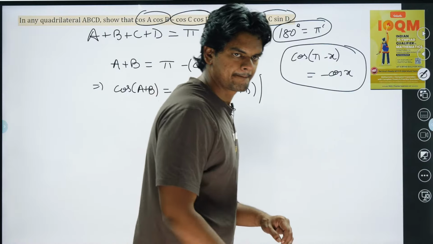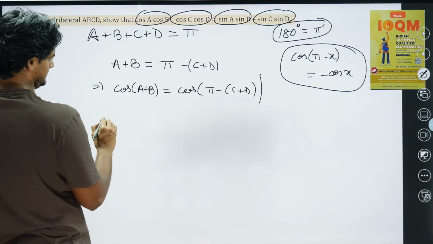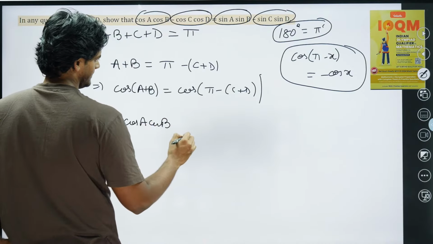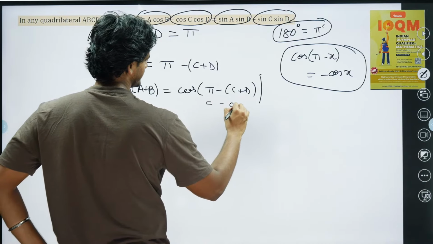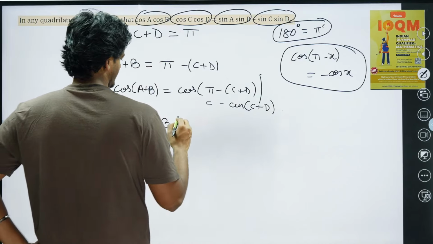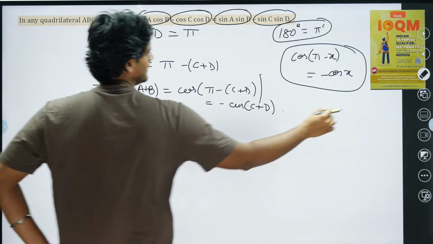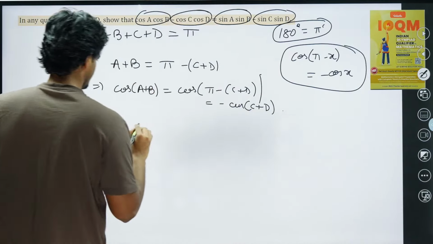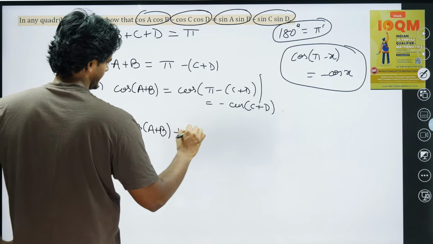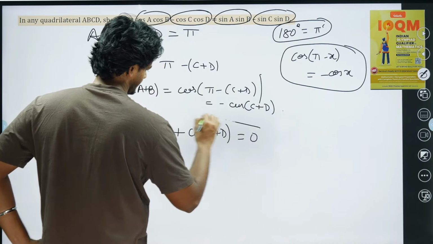Right? Yeah. So that will imply cos A, cos B, and this will be minus cos C plus D. So in some sense, actually, I can write cos A plus B plus cos C plus D equal to 0.